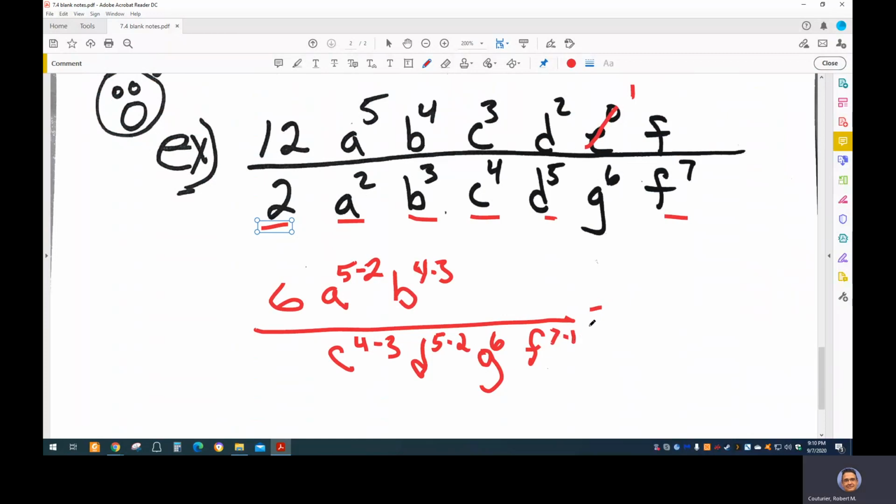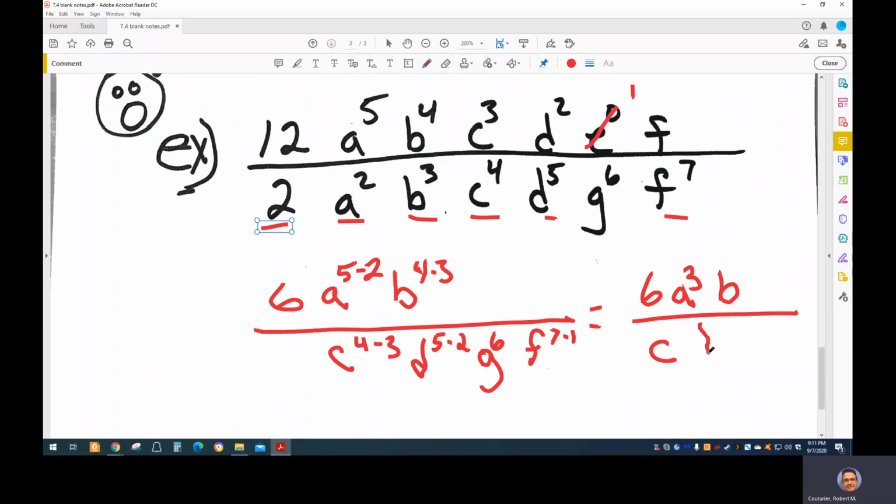Well, here we go. We just have to clean this up now. Well, the 6 stays up top. Let's do this. A. 5 minus 2 is 3. So it's A to the 3rd power. The B's are upstairs in the numerator. So 4 minus 3 is 1, but we don't write that 1. It's the invisible math. C is downstairs. 4 minus 3, again, that's 1.